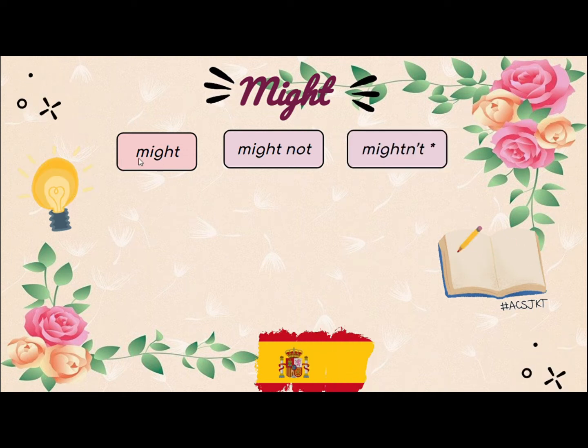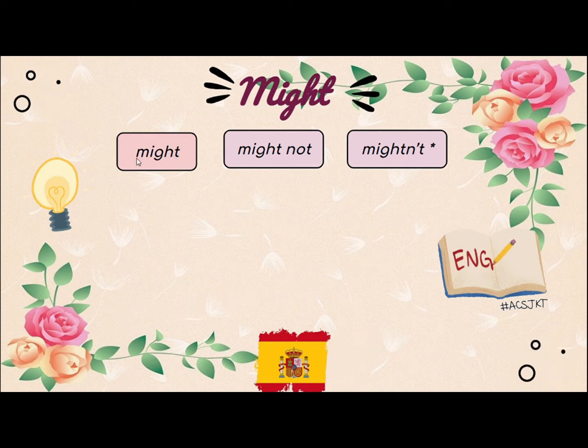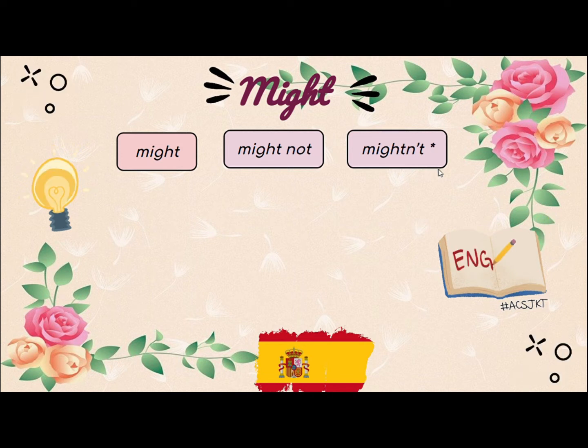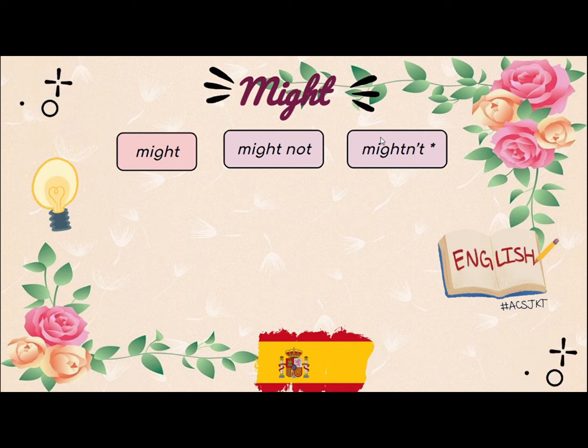Might has its positive form might, negative form might not, and the contraction form of the negative form mightn't. This form is most frequently used in British English. In American English, we don't use this form.